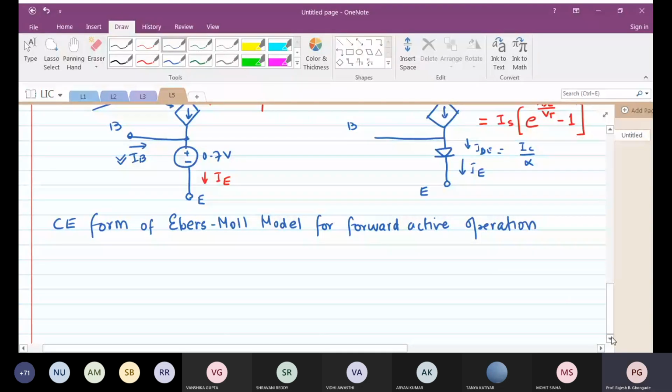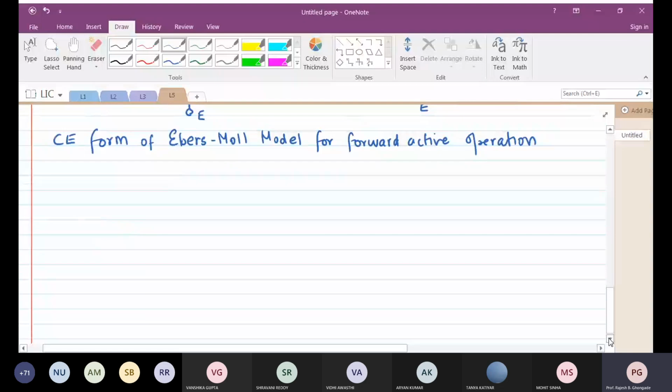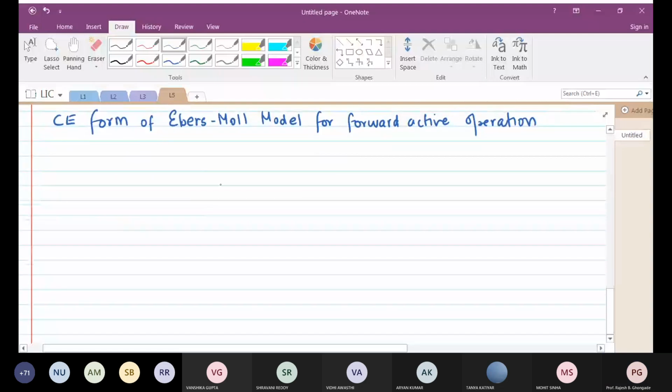So let me draw that model for you. This is going to be the base. Then we have such a kind of thing. It's only a variation in the way in which you put it, because we want to show that it is a common emitter model.